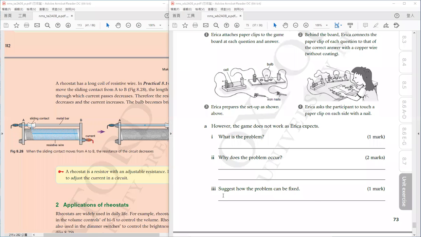So the last one, how to solve this problem? We should use copper wires with plastic coating, so each copper wire is insulated from each other.